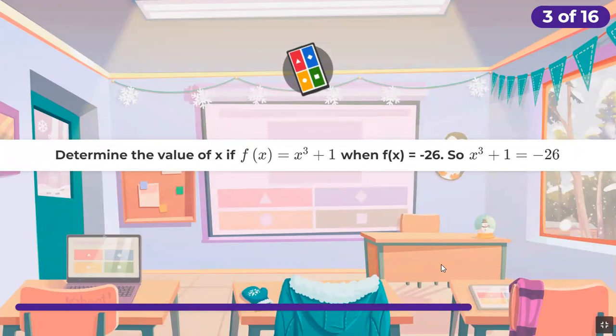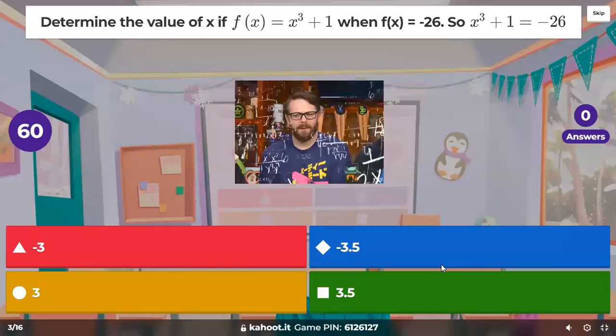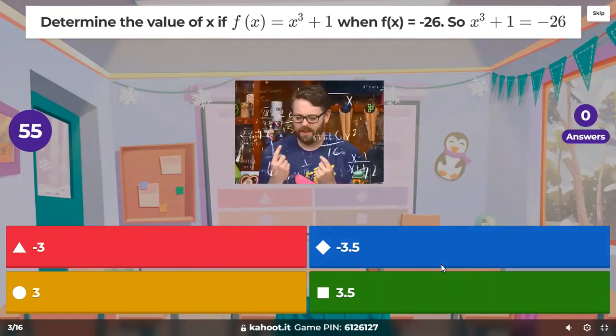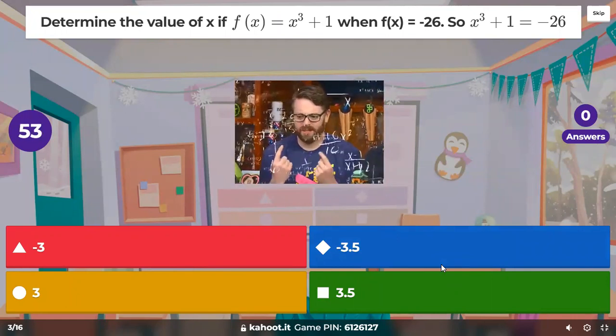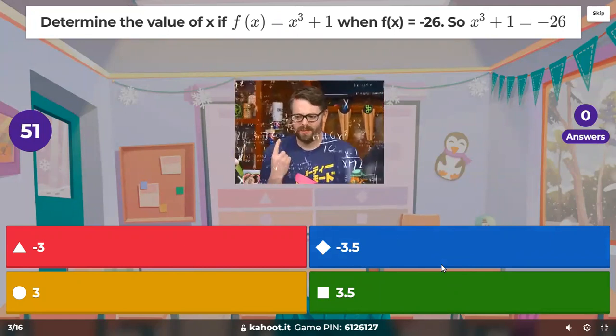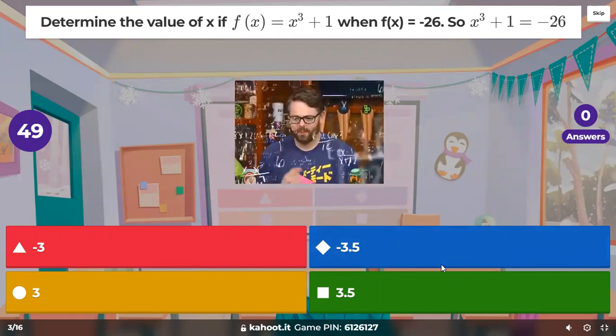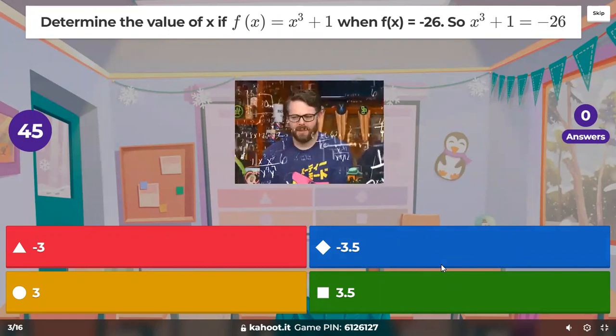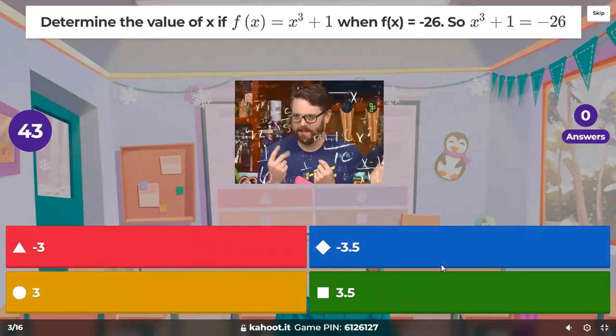Next question. It says, determine the value of X if f of X equals X cubed plus 1, when f of X equals -26. So what is it saying? Basically, it's telling you if you have X cubed plus 1 equal to -26, solve it.